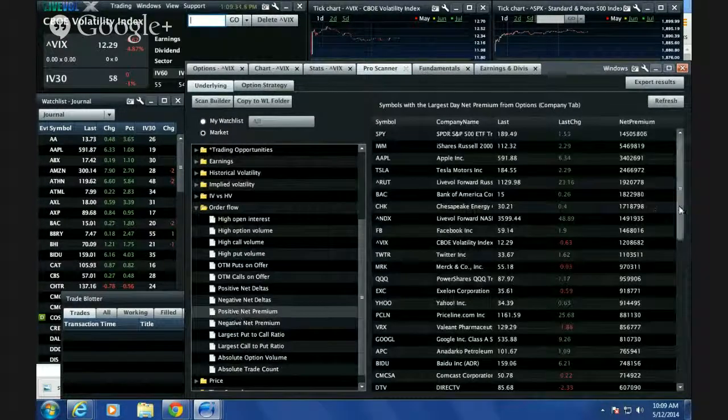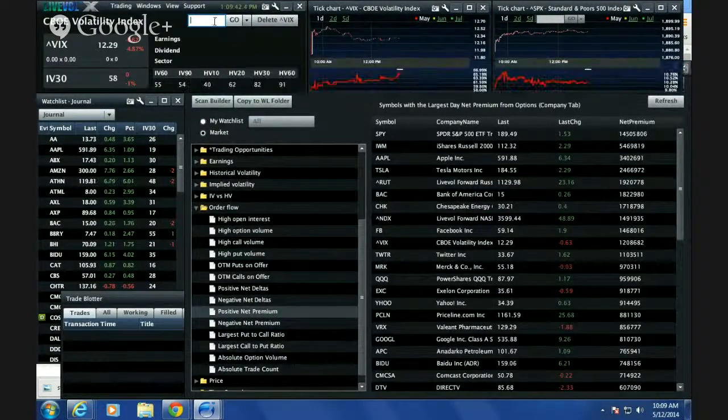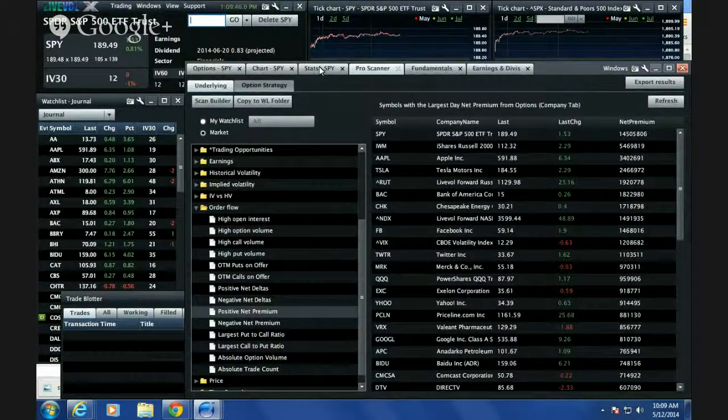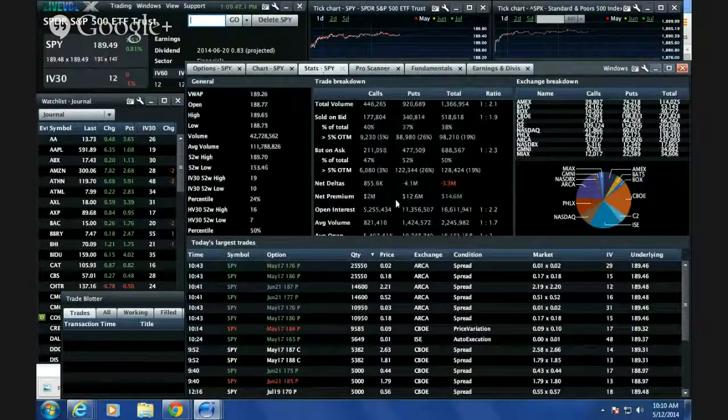So net premium basically means when people are buying both on the calls and the puts, right? So let me go to the stats on SPY. If people are buying calls and buying puts, on the bid, so if they're selling on the bid on the calls, on the bid on the puts, basically net premium is negative, and people are buying on the offer, both calls and puts, net premium is positive.